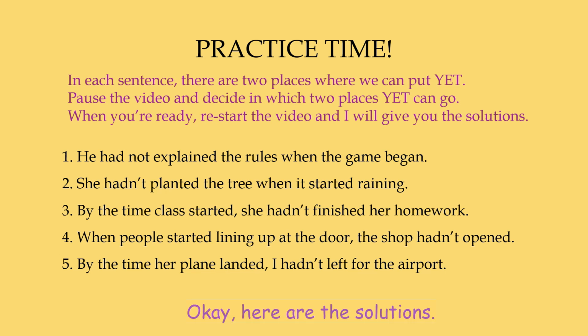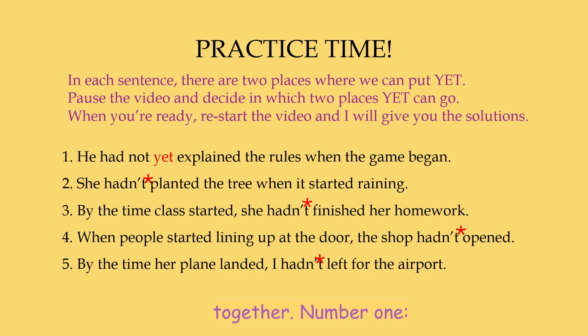Okay, here are the solutions. We know that one place yet can go is right after not. Now let's say the answers together. Number 1, he had not yet explained the rules when the game began.